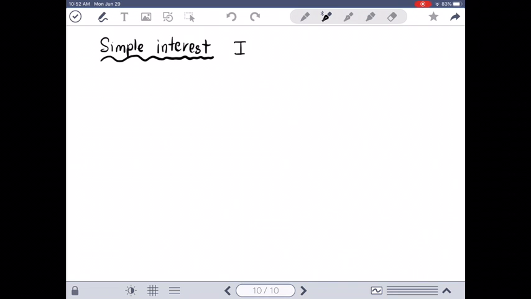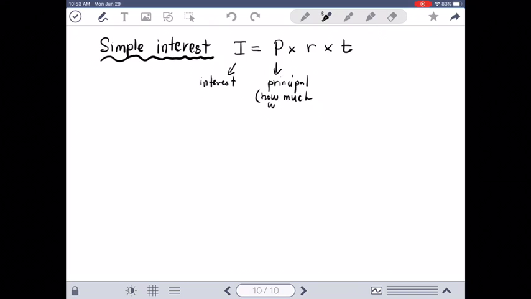It's just I, interest, equals to P times R times T. So I is the interest, P is the principal, can be the value that we borrow, R is rate of interest, and T is time taken.